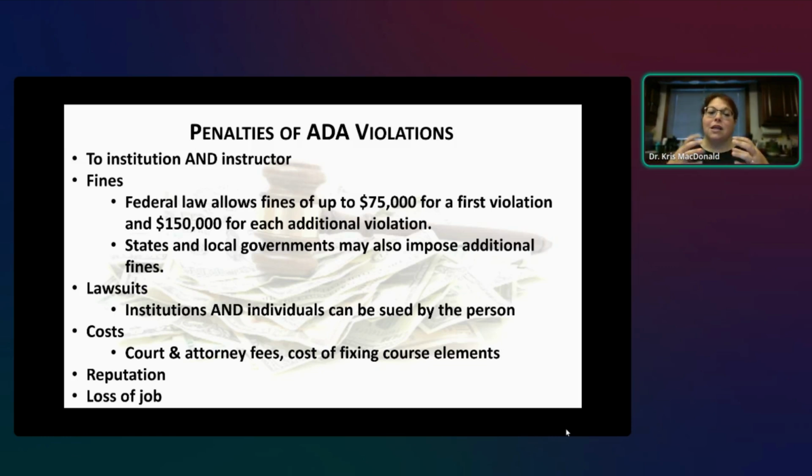Now, the reason that I keep stressing the instructor so much is because in higher education, there is something known as academic freedom in the United States.